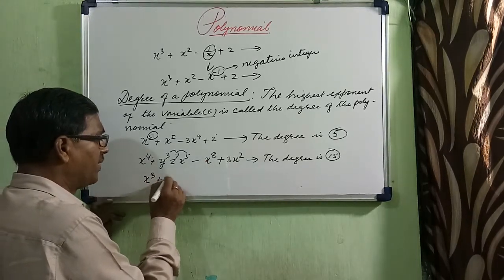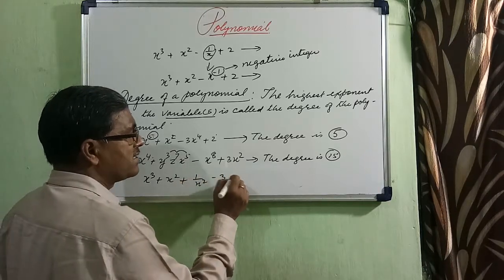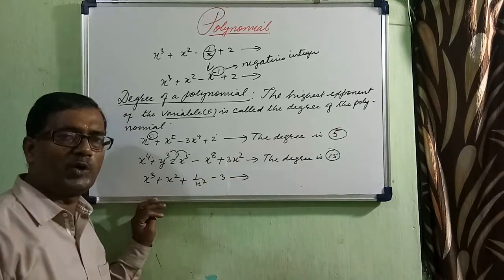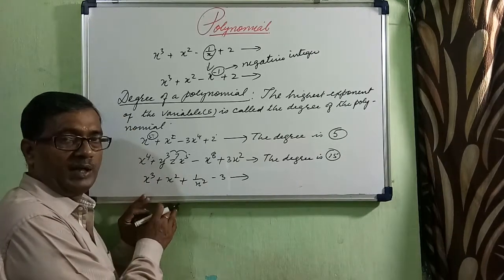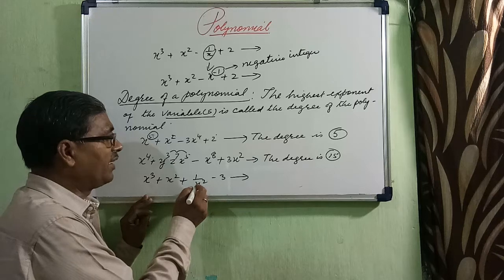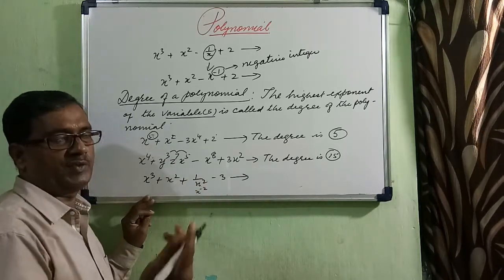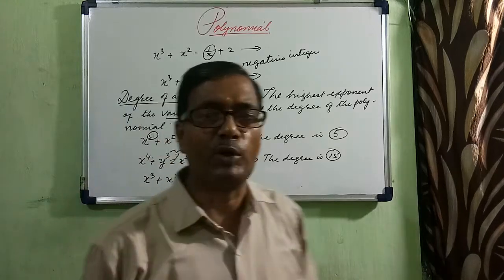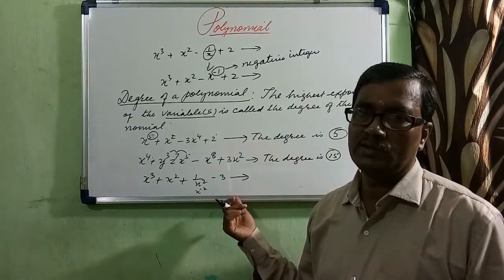Let us take another example. x cubed plus x square plus 1 by x square minus 3. What is the degree of this polynomial? Since it is not a polynomial, why? When you take it in the numerator, it will become minus 2. So if it is not a polynomial, we cannot determine the degree of this algebraic expression. Alright.